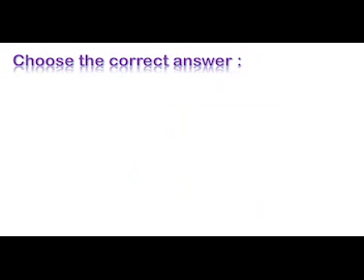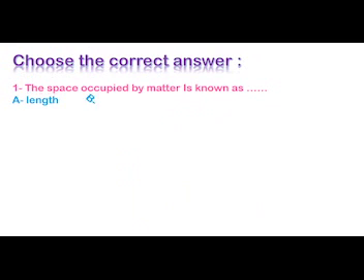Let's practice together. Choose the correct answer. The space occupied by matter is known as length, volume, mass, or A and B. This sentence is the definition of what?